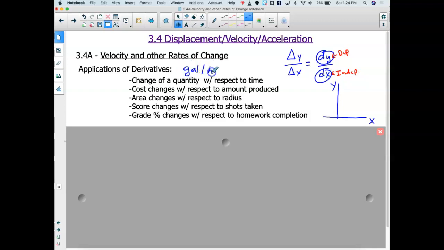Maybe we're thinking about gallons per hour, okay? I could also be looking at cost change with respect to amount of something produced, or area change with respect to radius.